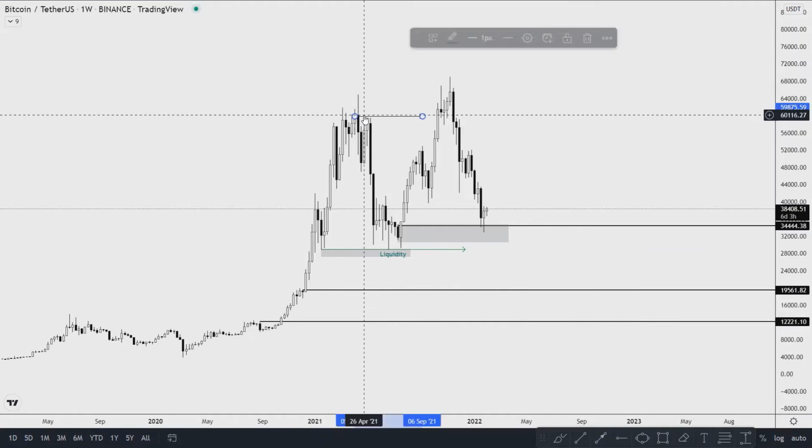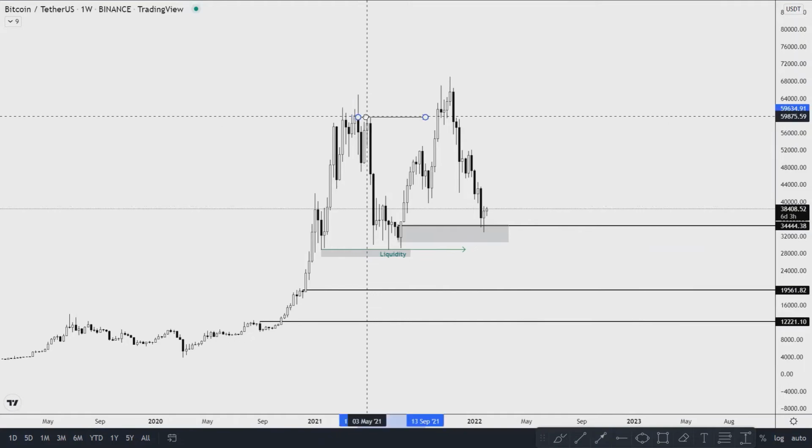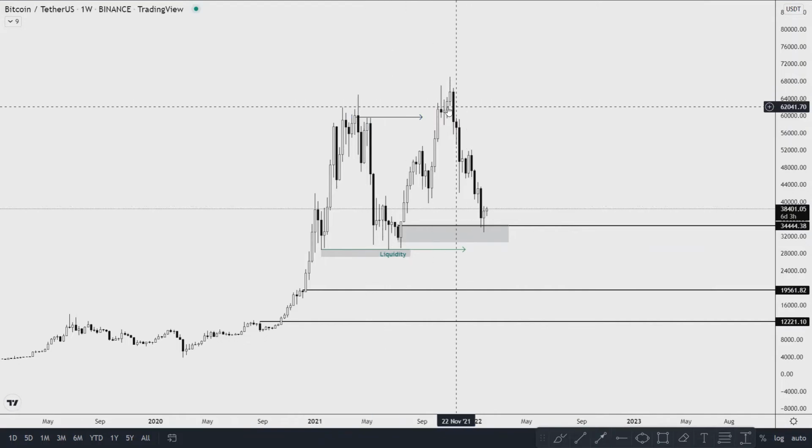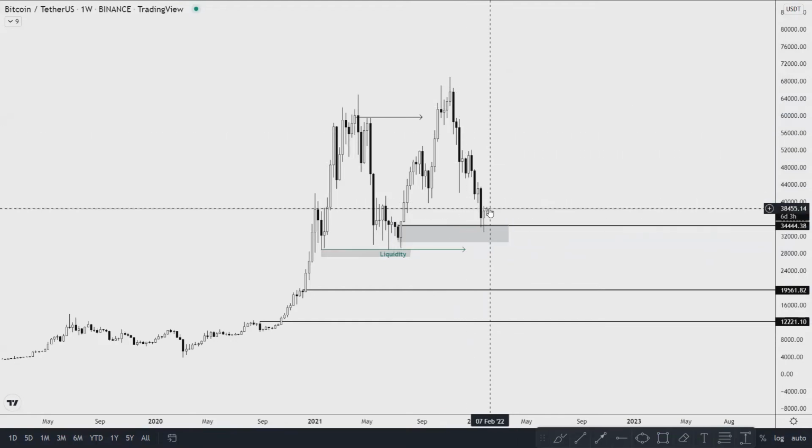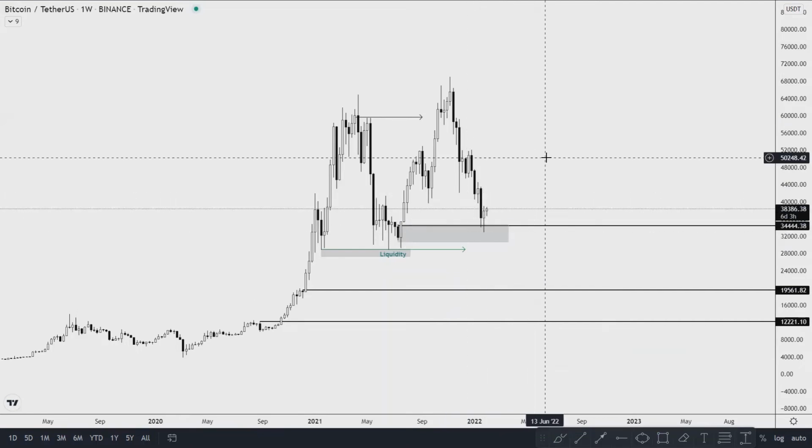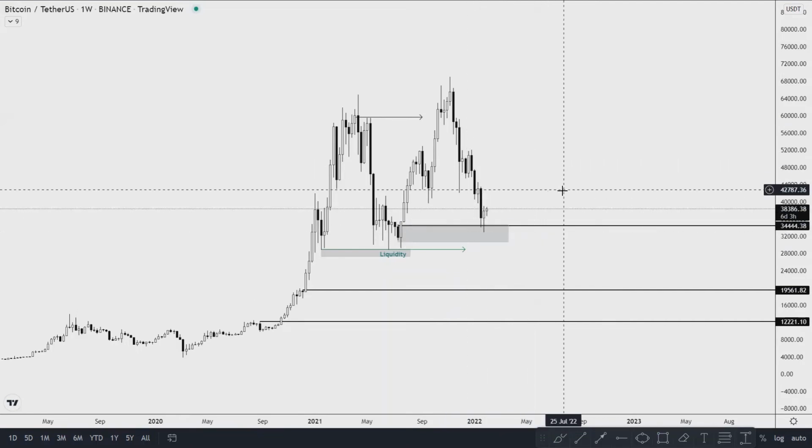The highs I use for structure, and I'm using the structure of the weekly time frame. So clearly broken a high here. Now it's gone low, retraced low, and currently it's reacting from this price point. So it's in a really interesting place right now.